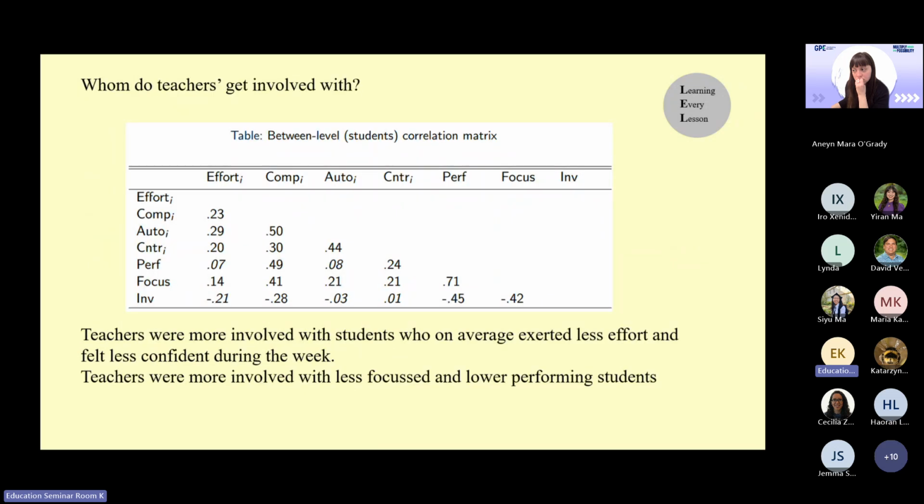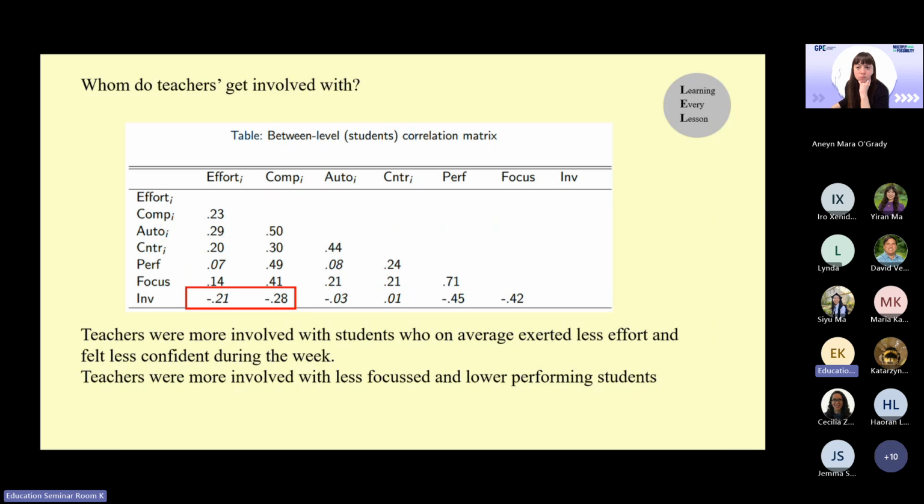If we have this correlation matrix where we have effort, competence, autonomous motivation and controlled motivation, performance, task focus, and involvement, we look at some interesting correlations there. Teachers report that they're more involved with students who on average report less effort during the week, those who feel less competent during the week.